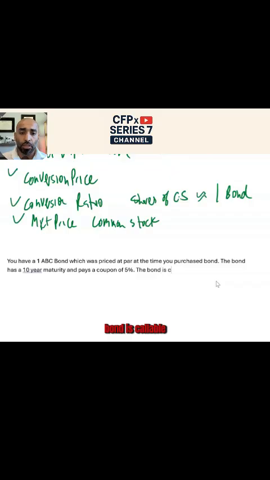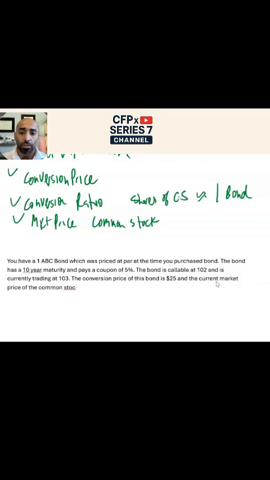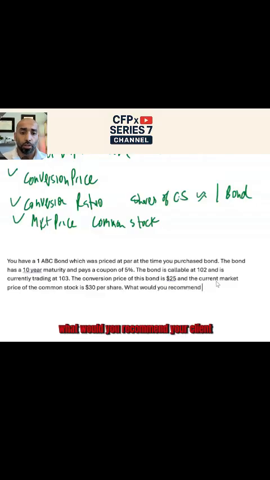The bond is callable at 102 and is currently trading at 103. The conversion price of this bond is $25, and the current market price of the common stock is $30 per share. What would you recommend your client do with this bond?